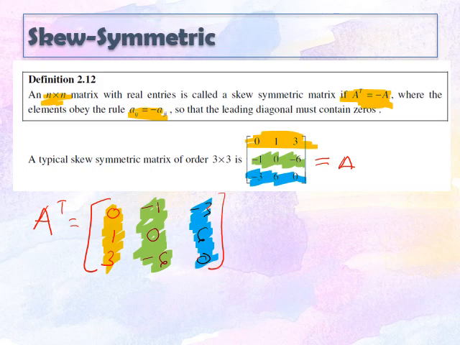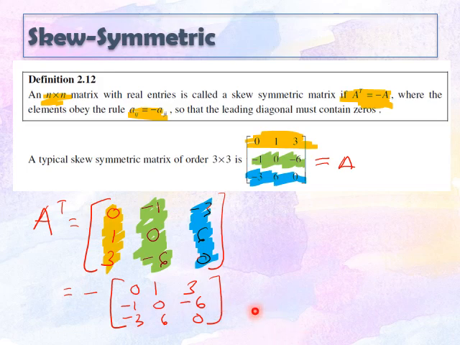As we can see, it's the negative of the matrix. If you want to write it clearly, it's actually negative of 0, 1, 3, -1, 0, -6, -3, 6, 0, which is exactly the same as this one: 0, 1, 3, -1, 0, -6, -3, 6, 0.